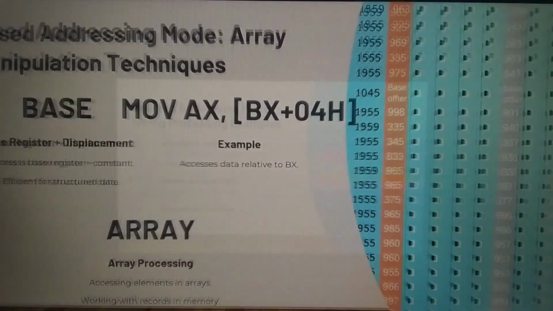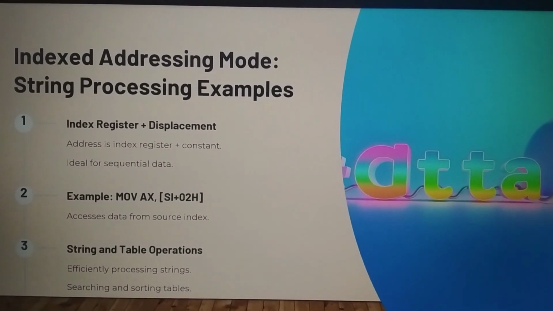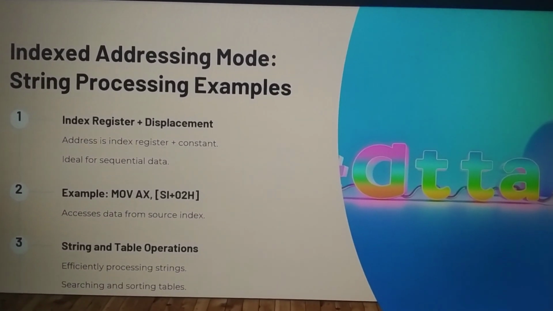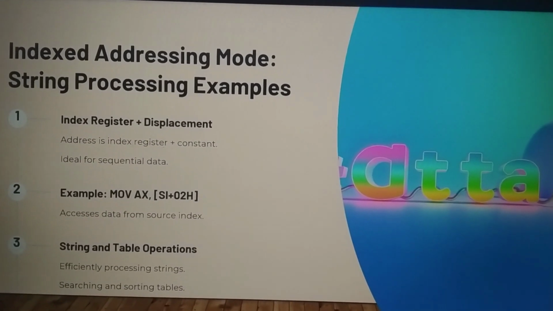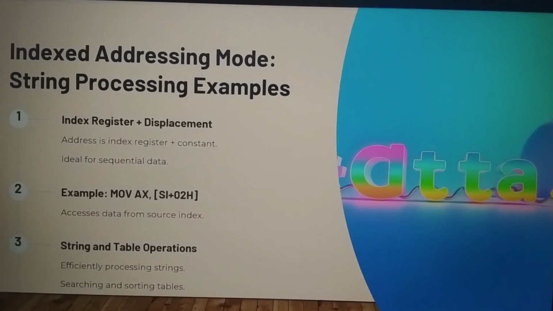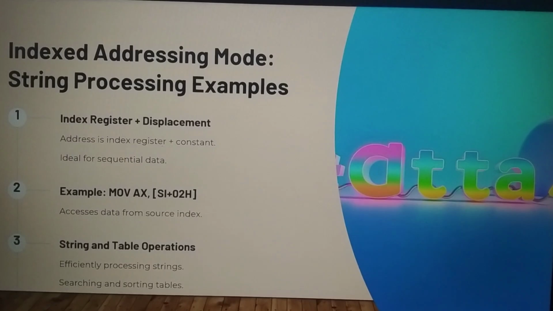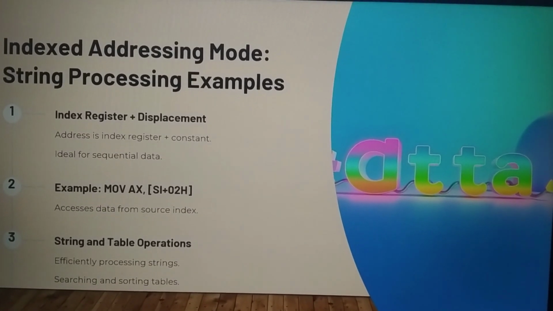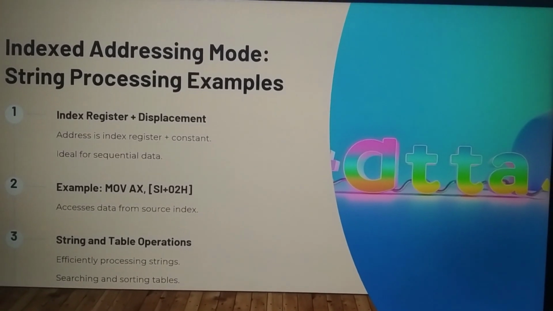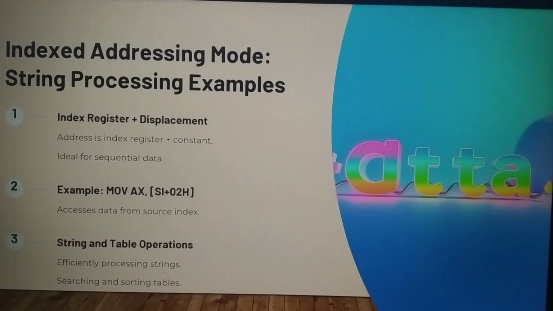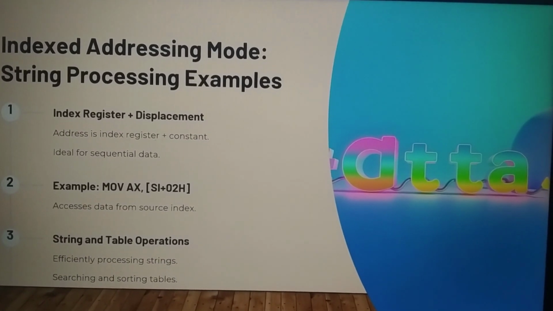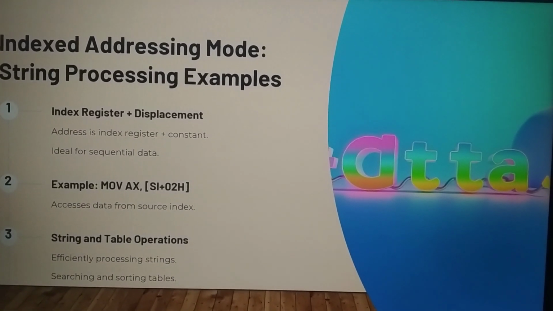Next type, indexed addressing mode: string processing example. Indexed addressing mode in the 8086 microprocessor is particularly powerful in processing arrays, tables, and strings, as it allows efficient traversal and manipulation of sequential data.